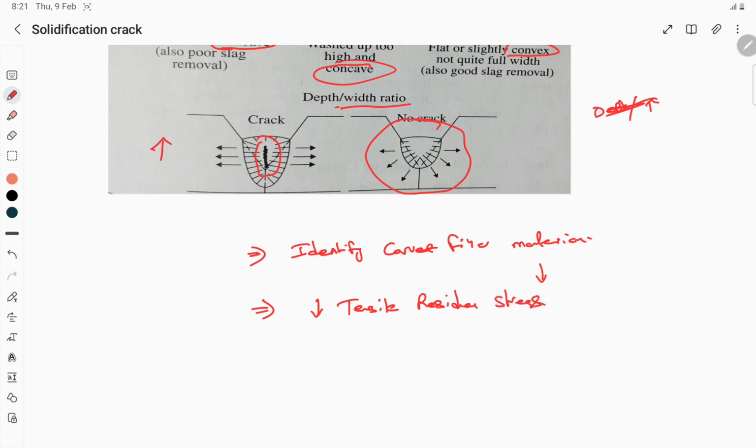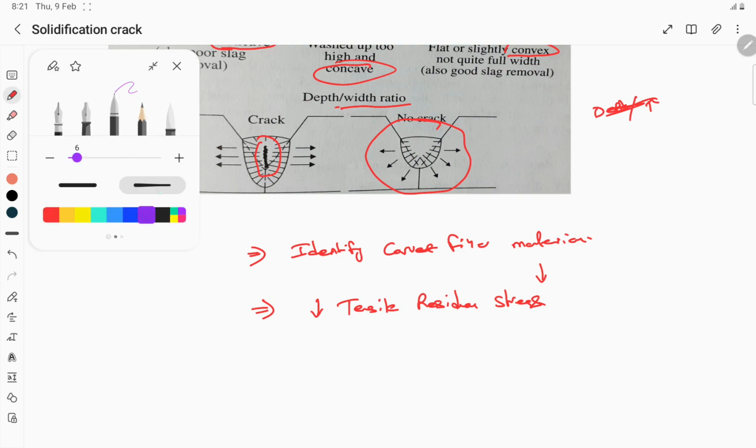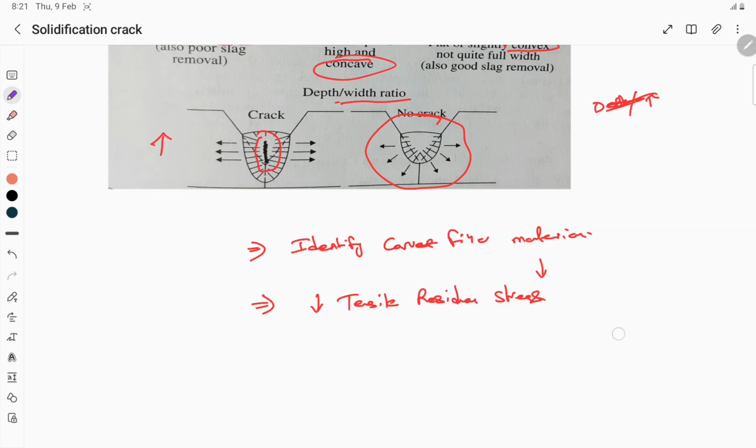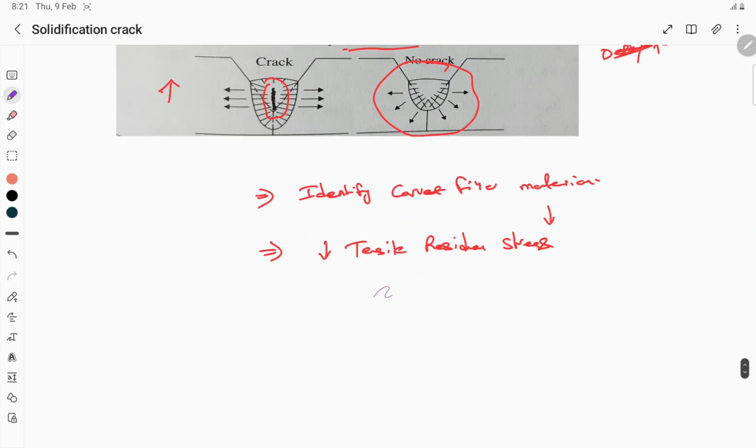Generally we try to minimize residual stress in any weld. So what are the steps that we take to minimize that? The same things can be applied for minimizing solidification crack. For example, we can select the correct groove shape, because it controls the volume of material that is getting deposited.